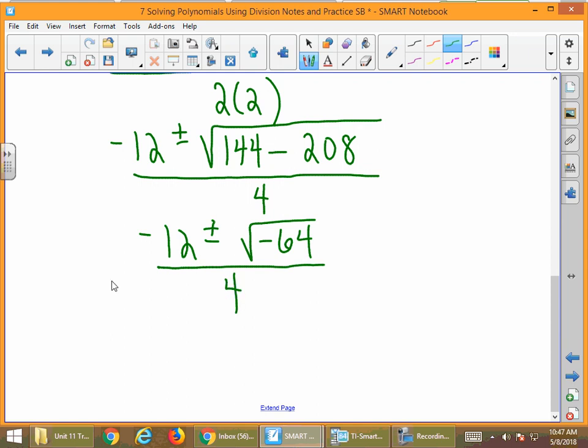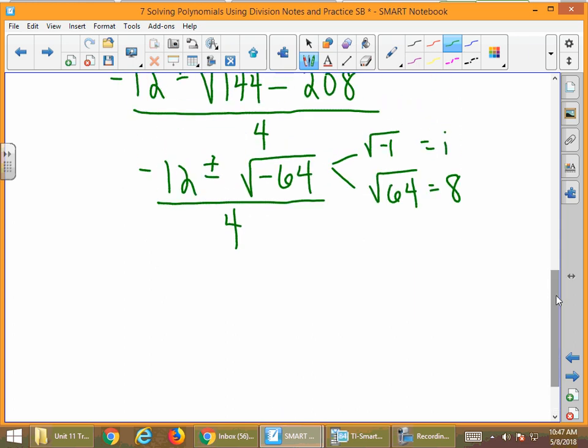We need to simplify. Square root of negative 64. Remember, it's the square root of negative 1 times the square root of 64. Square root of negative 1 is i. Square root of 64 is 8.